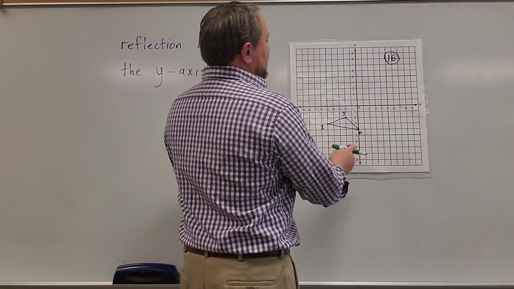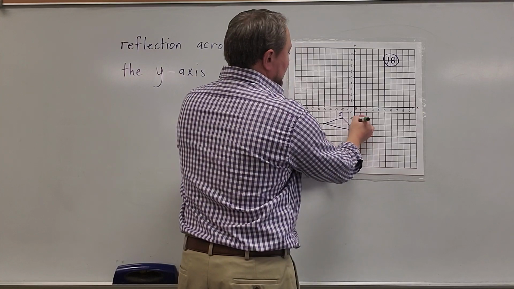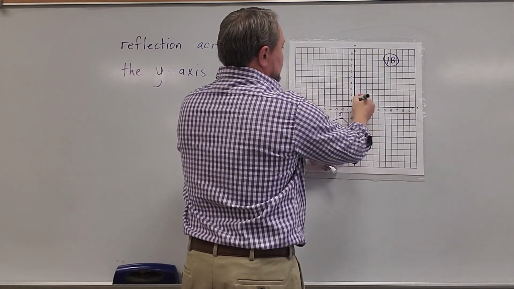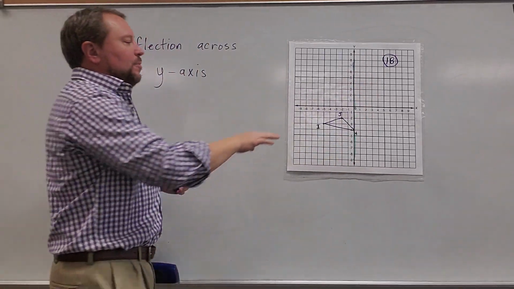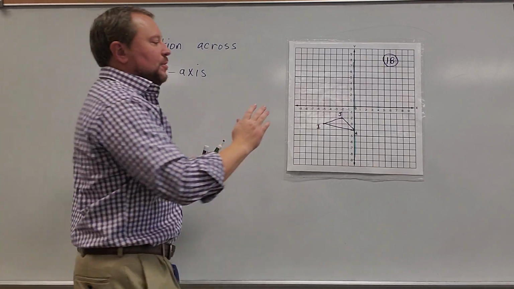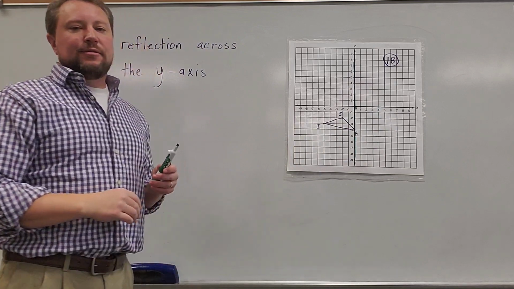So this time, instead of reflecting over the x, we're reflecting over this line, the y-axis. There's our y-axis. So instead of flipping up and down like we did on the last problem, this time we're going to be flipping from side to side since we're flipping over the y-axis.